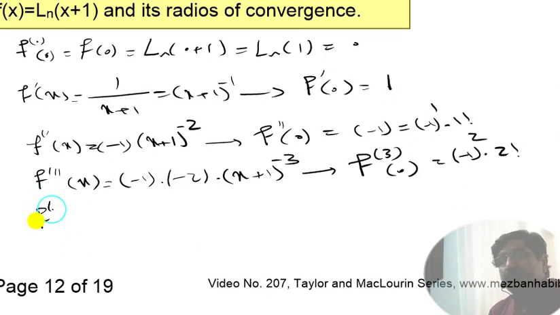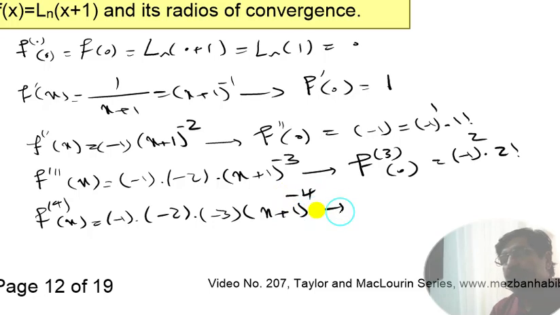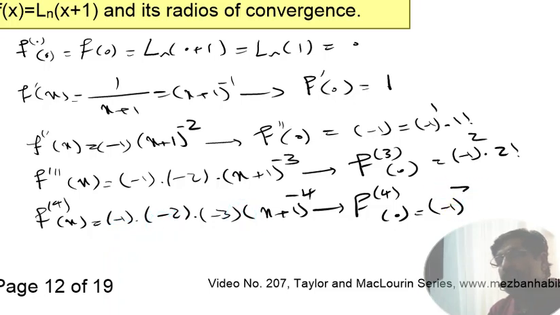Next, the fourth derivative of f at x is minus 1, minus 2, minus 3 times (x+1) to the power of minus 4. That is, the fourth derivative of f at 0 is (minus 1) to the power of 3 times 3 factorial.